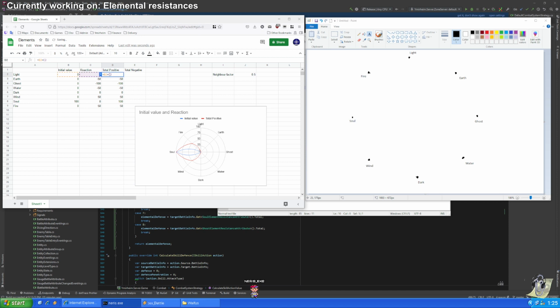I need a max, max, 0. Yes. And this is gonna be equals min this plus this and 0.